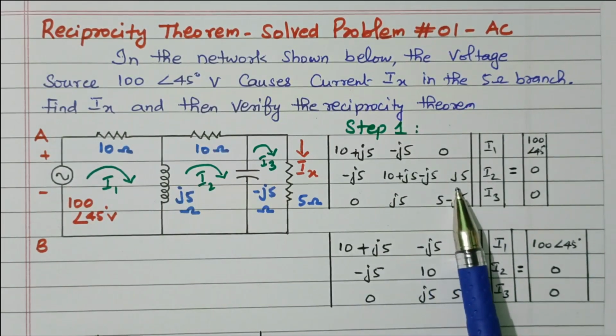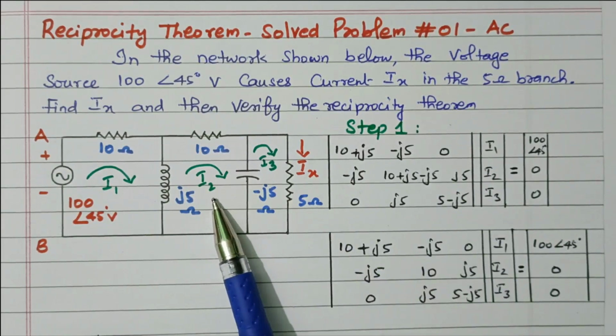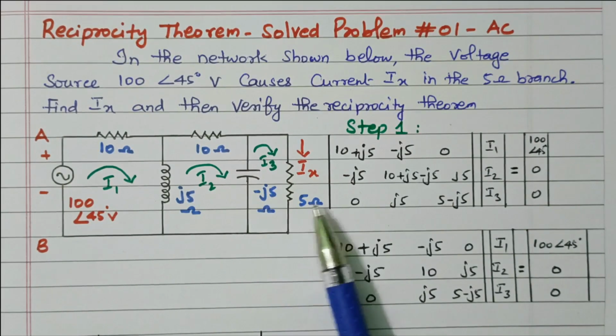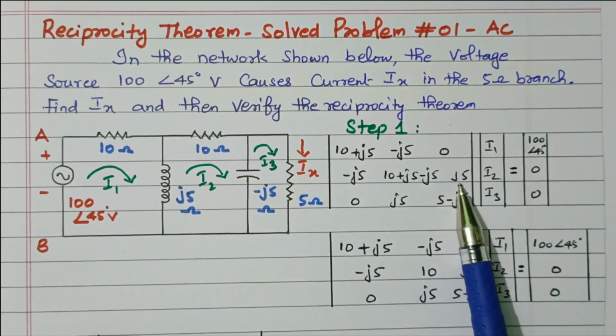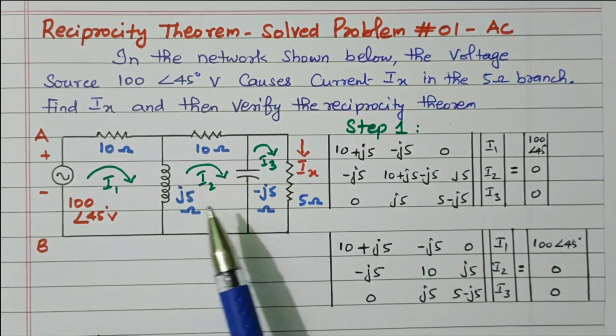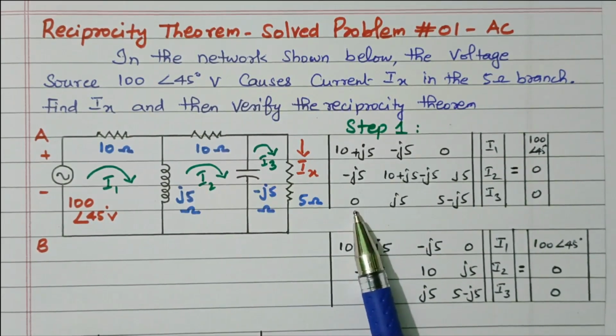Then R23, the impedance between second loop and third loop, is minus j5. Already one minus we need to put, and here also one minus is there, so it becomes plus j5. Then R31, between third loop and first loop, is 0.